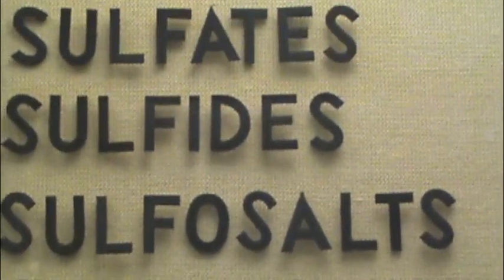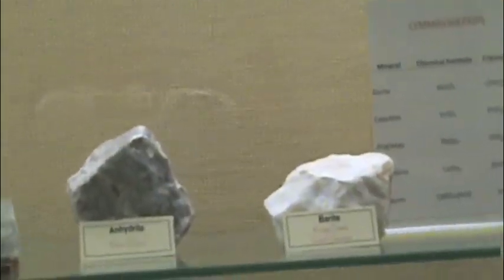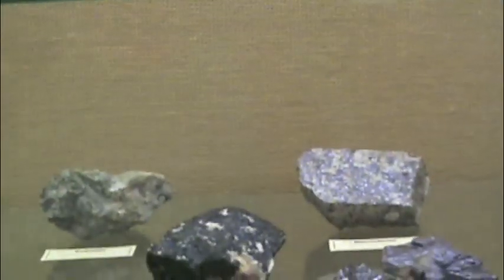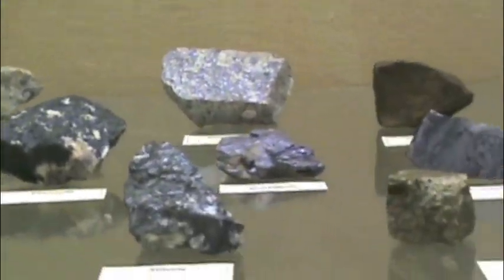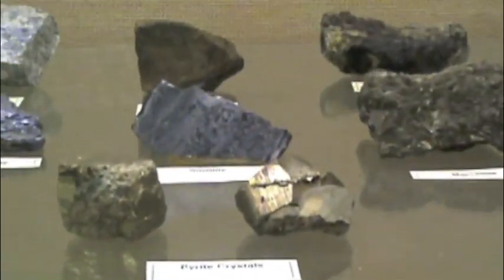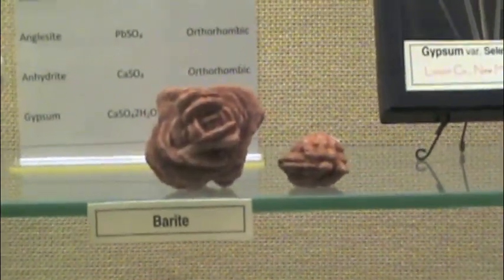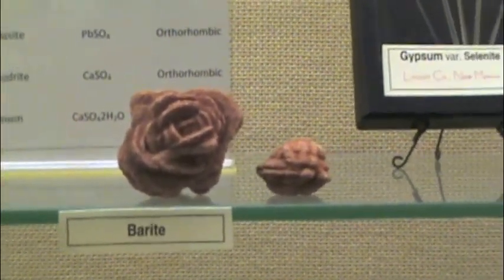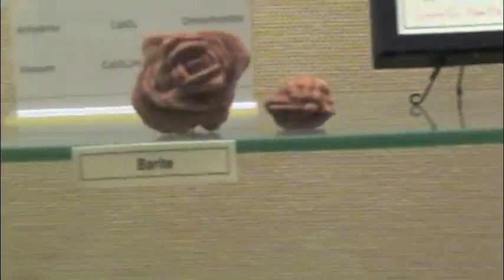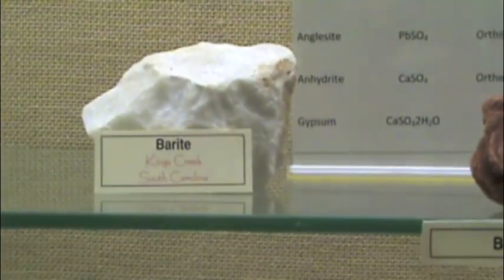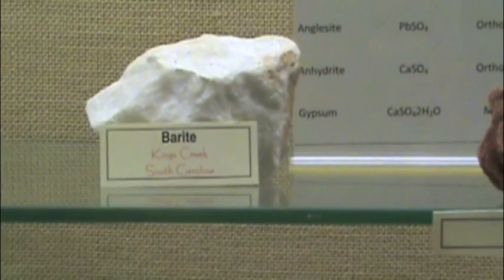So these are sulfates and sulfides. I always like the barite roses too, those are kind of neat. See, this one next to it is barite as well, but it's white.